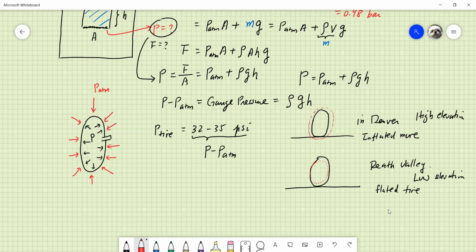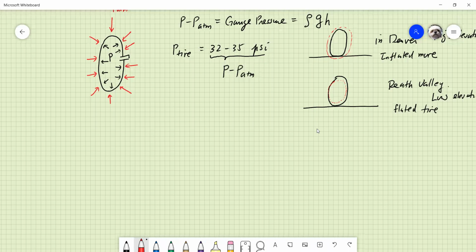Now, with this concept of pressure in mind, we should be able to introduce the so-called Pascal principle. Now, what is Pascal principle?